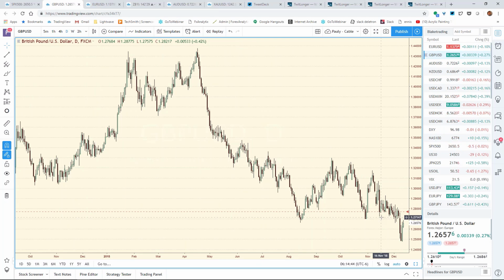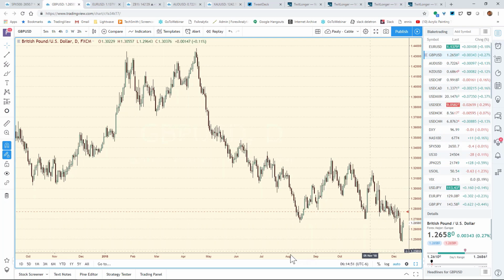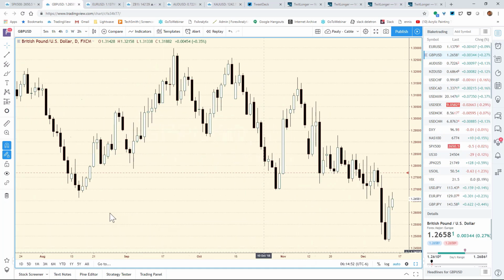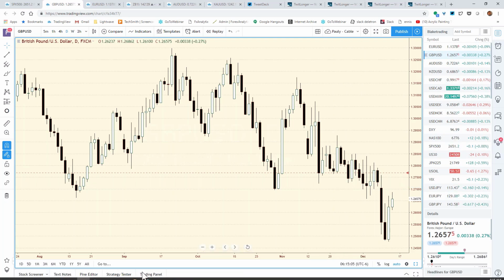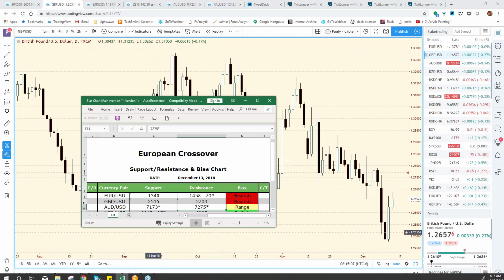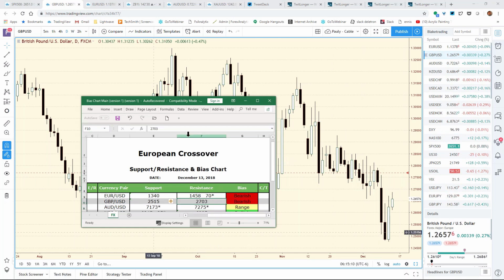On the daily, huge resistance would be right there. I'll pull this back, make it easier to see. 2713. It'd be pretty big if they could go on and get beyond that on a daily close.